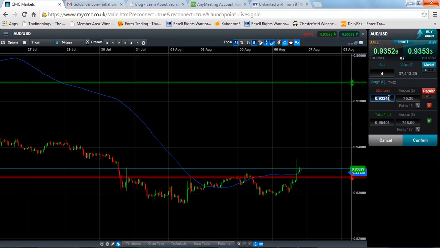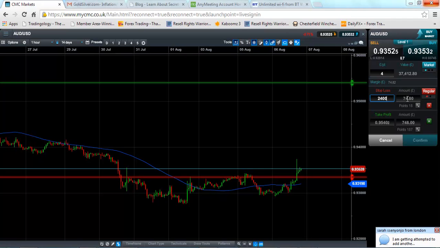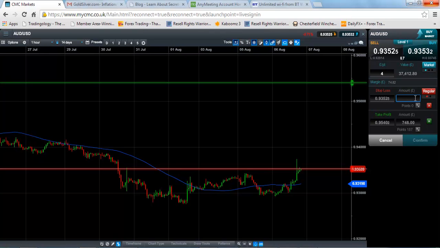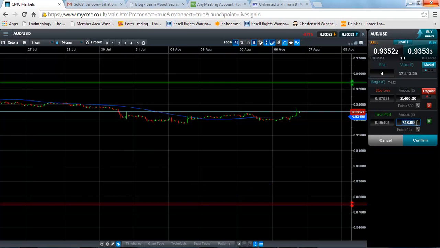And then my stop loss, because I have a bit of money in my account, look at my stop loss, £2,400. And then obviously my take profit, I will put £80.